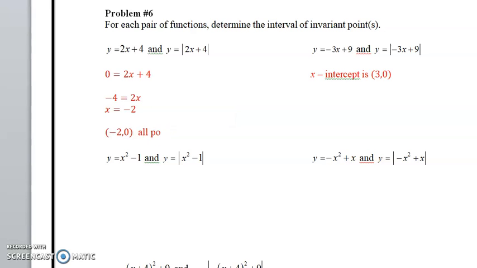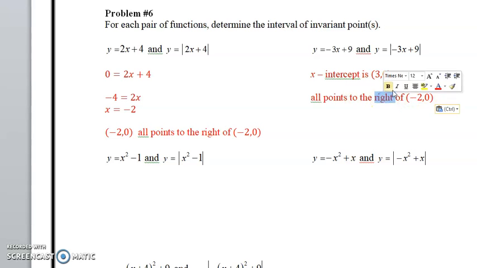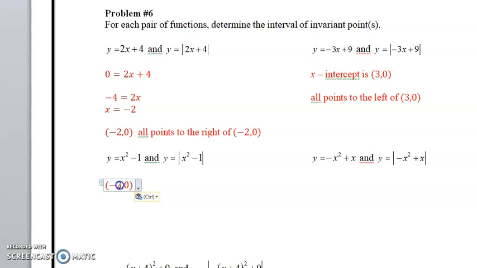Right here, all points to the right of that. And here it's a little different. This one here is all points to the left, as you can see from your graph. We figured out that it was going to be negative 1, 0, and 1, 0.